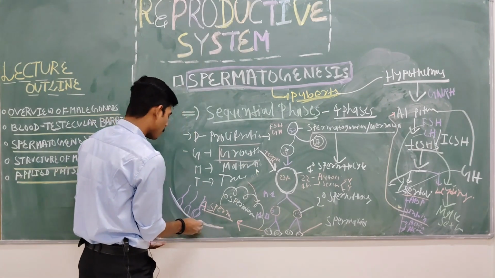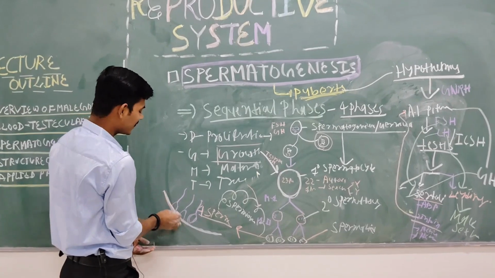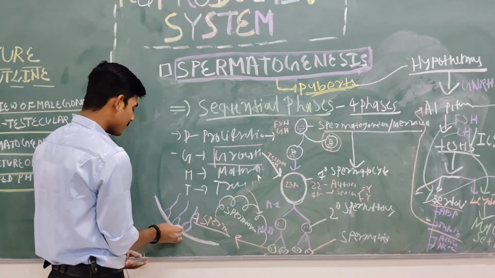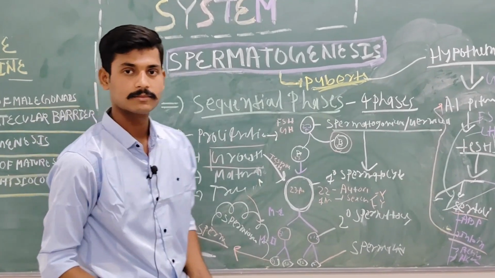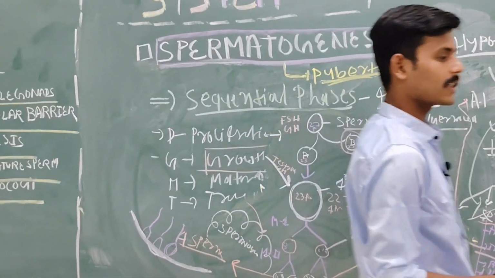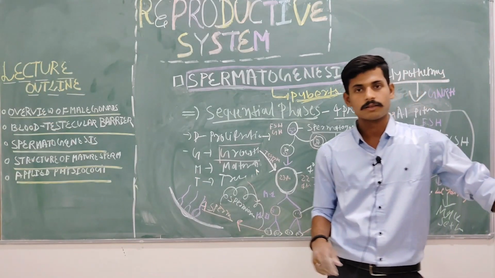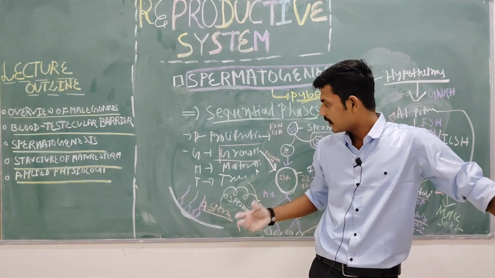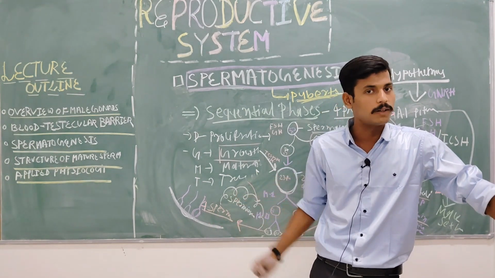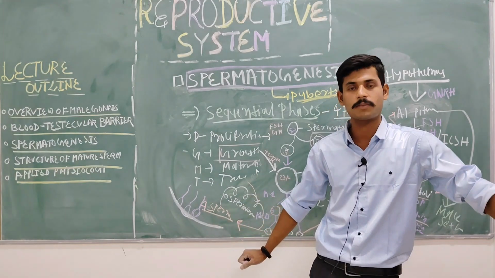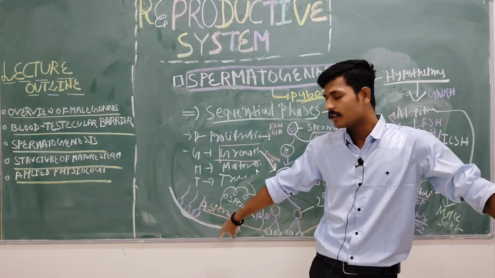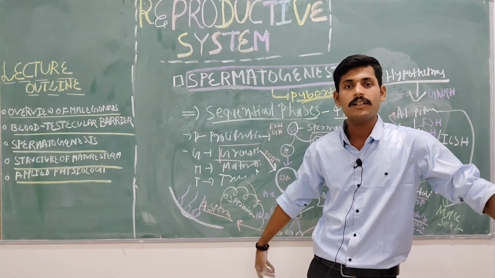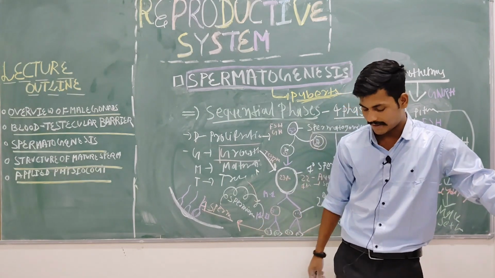Why are the Sertoli cells interested in the head? They are preparing the sperm to fertilize the ovum. It's giving strength to the sperm, making the sperm able to fertilize the egg.